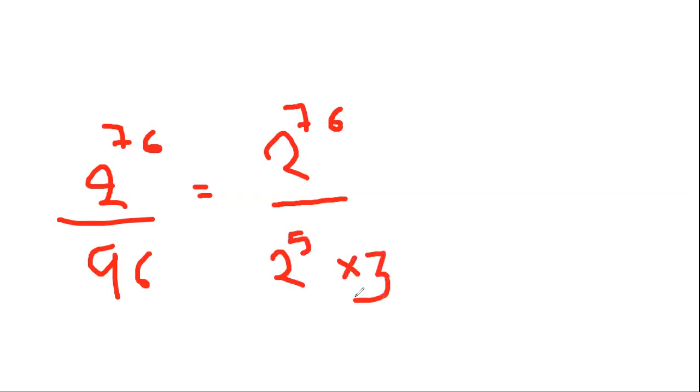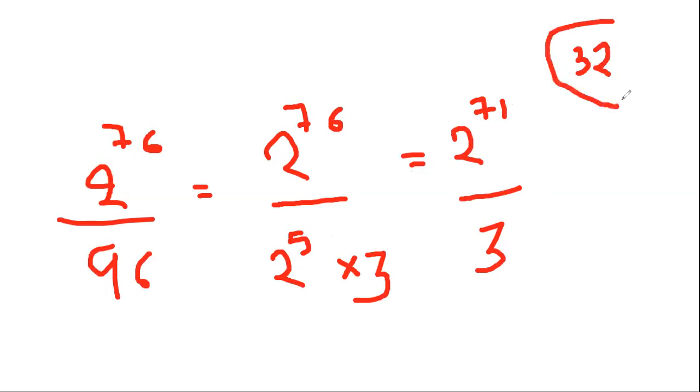Now it is 2 to the power 76 and 2 to the power 5, so I'm simplifying it with 2 to the power 5. So it is 2 to the power 71 divided by 3. I hope there is no problem so far. Save 32 once on the side, because you have simplified it, so the final output you have to multiply with 32.